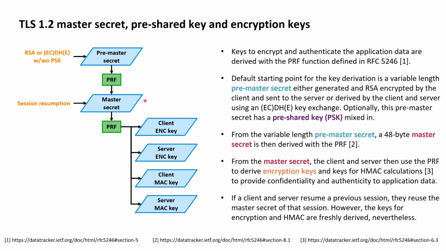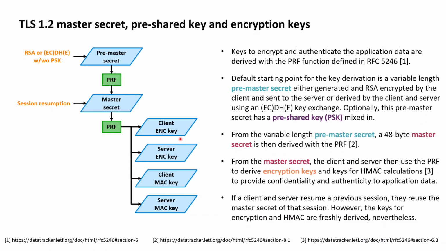From the master secret, the keys used for the encryption and the authentication of the application data exchanged later on are then derived again by using the pseudo-random function PRF. What's quite cool is that within TLS 1.2, both the client and the server get their own keys, both for the encryption as well as the authentication, and the number of keys to be generated then depends on the actual ciphers used for the encryption and the authentication.